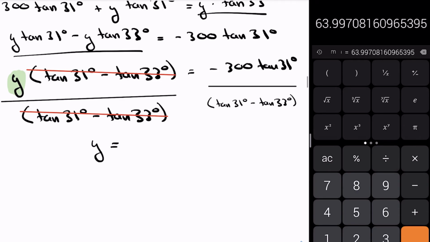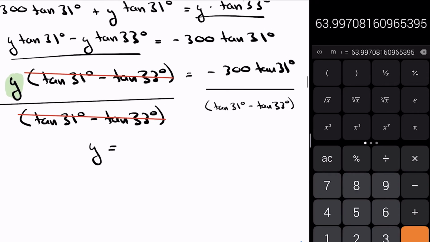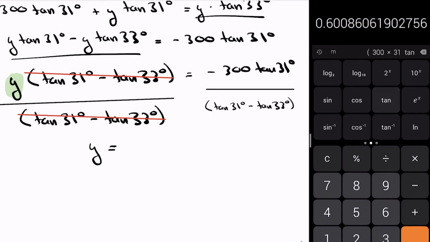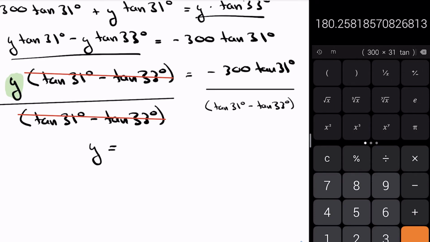Okay. First things first, let's do the numerator. So I'm going to put in brackets, 300 times tan 31. Okay, I'm going to close that bracket. So that's my numerator. By the way, it is going to be negative, so I should put a negative 300 there.